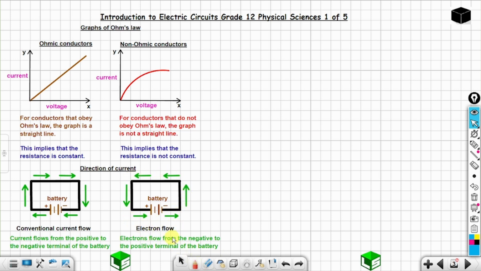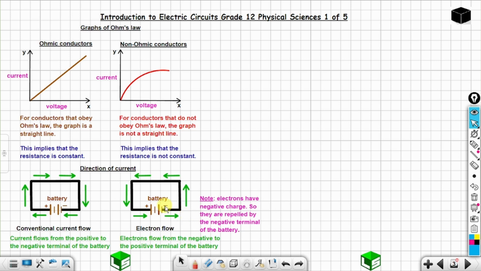To remember about electron flow, note that electrons have got negative charge. So, electrons are repelled by the negative terminal of the battery. Remember, electrons have got negative charge, so they are going to be repelled by the negative terminal of the battery because like charges repel, unlike charges attract.